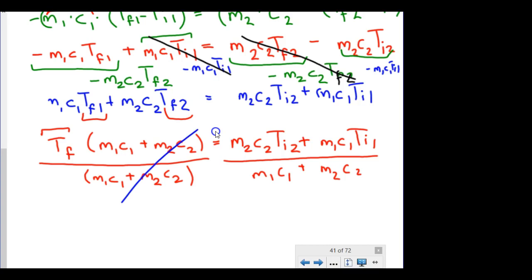Now we actually have the formula to solve for final temperature. So you did all that just for that? Ladies and gentlemen, this is physics. I like that. Okay, this is the formula.